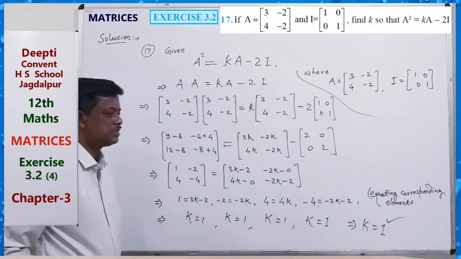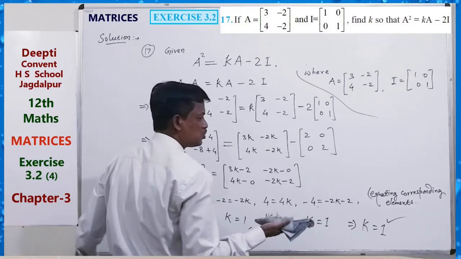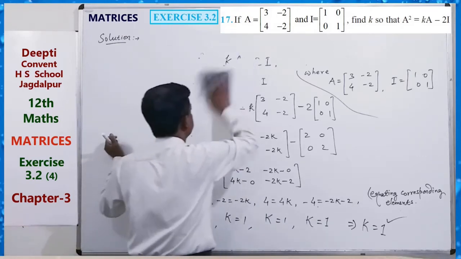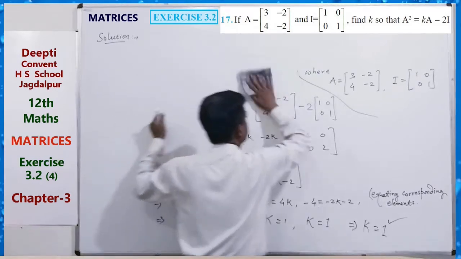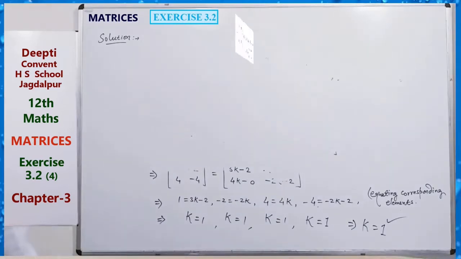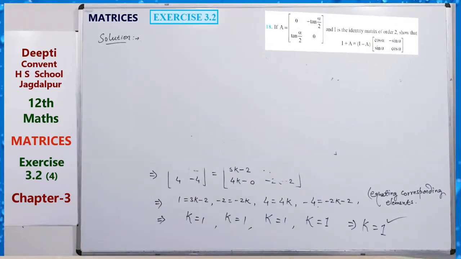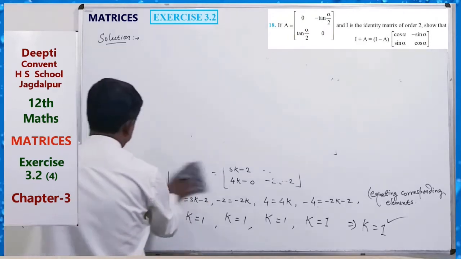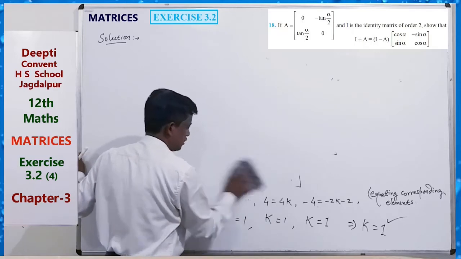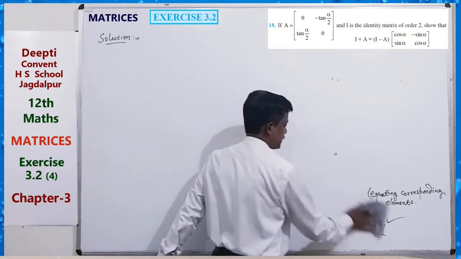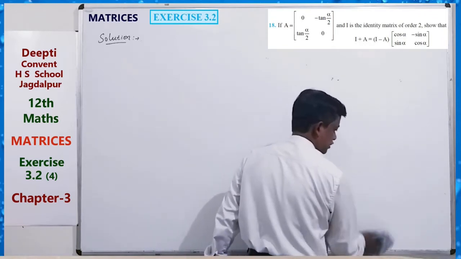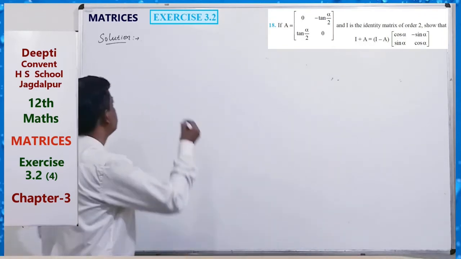Here A equals this and I is the identity matrix of order 2, and we have to prove that. Question 18.